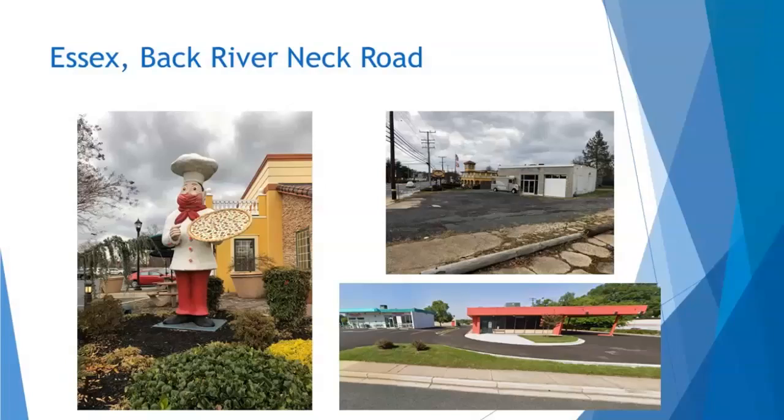Most of it is either restaurant or automotive or shopping center. Those are sort of the three main property uses along that Back River Neck Road corridor.